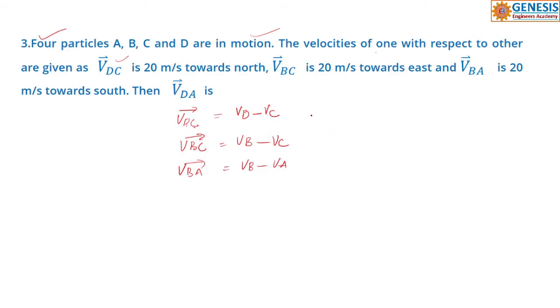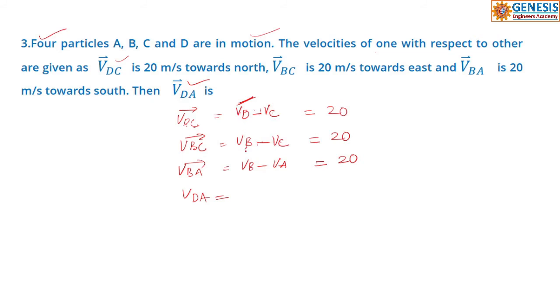Those are given. VDC is 20, VBC is also 20, VBA is also 20. So he wants to have VDA. So what is VDA? If these two have to be cancelled, we have to subtract these two. Then you will have VD minus VB.